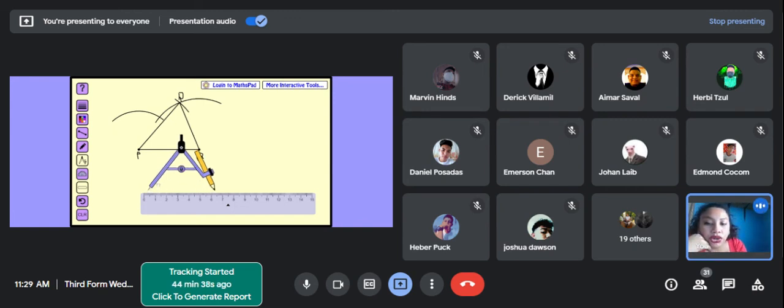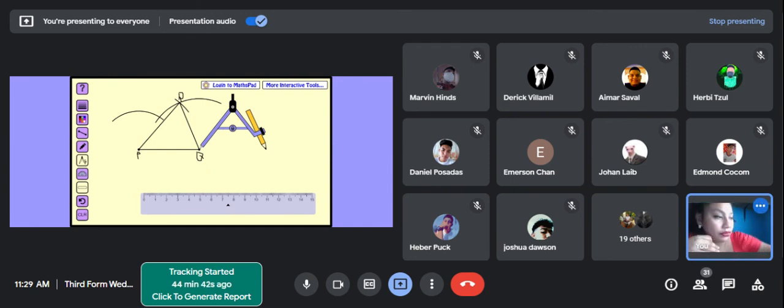And you move to Q. And then from Q, that is where you will be drawing the arc. And the arc has to cross this other arc that you just drew, right?